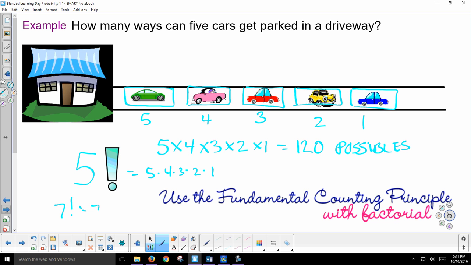Well, that would be 7 times 6 times 5 times 4 times 3 times 2 times 1. So no matter where we start with our factorial, we just multiply all the numbers that go down from that. So if you had 8, it would be 8 times 7 times 6 and so on. So that's how that gets done. So right now there are 120 possible ways to rearrange those 5 cars in the driveway.